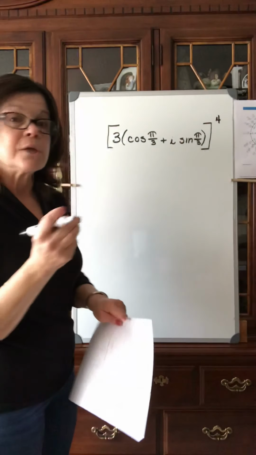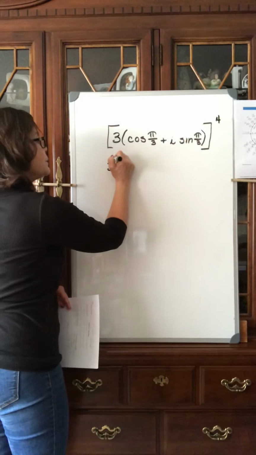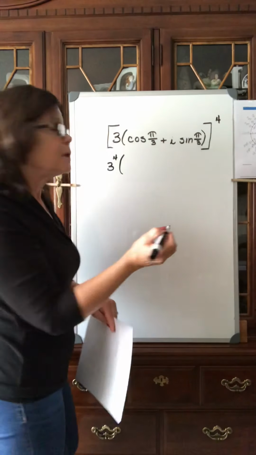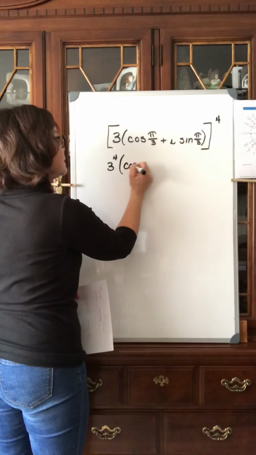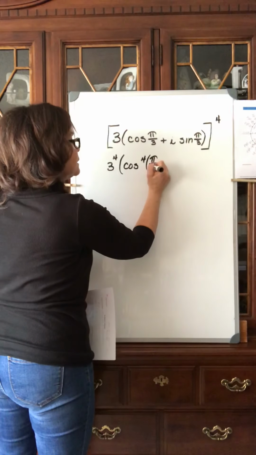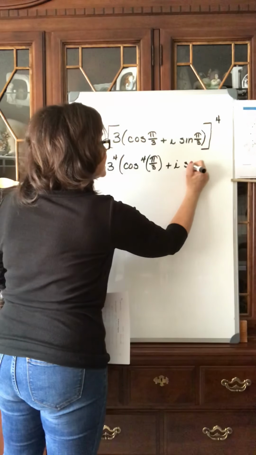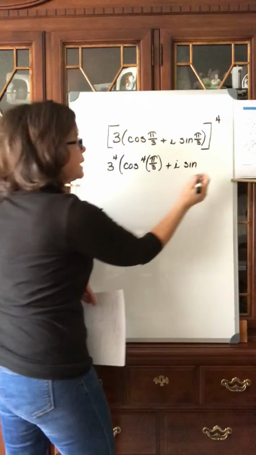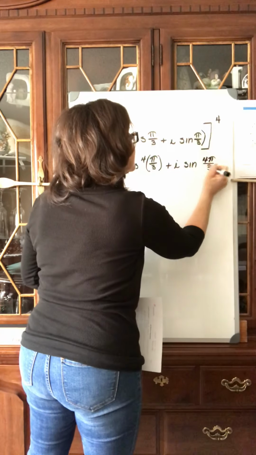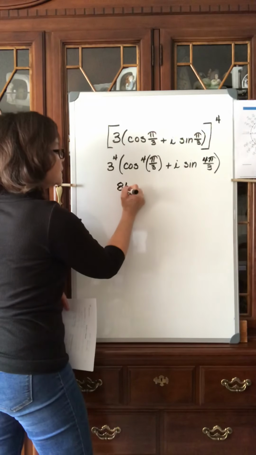Okay, so you take the coefficient, which is 3, r is 3. That's going to get raised to the 4th power. Multiply the angles by the power that you're raising it to. Cosine of 4 times pi over 3 plus i times the sine. Multiply, you get 4 pi over 3. 3 to the 4th power is 81.